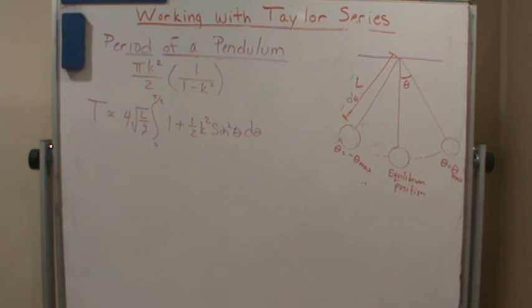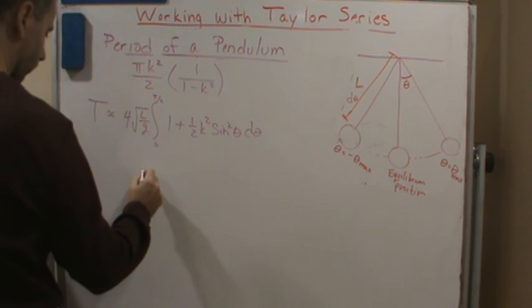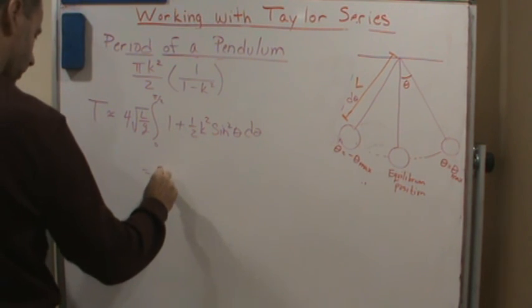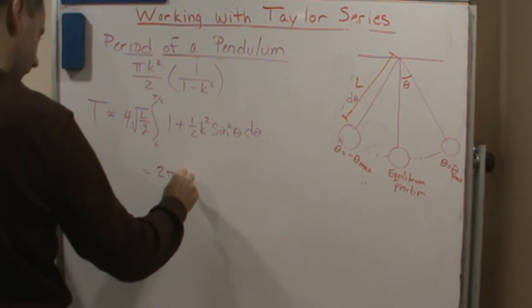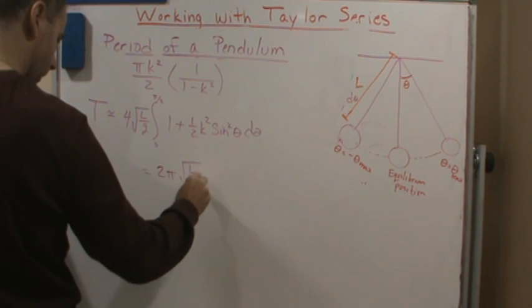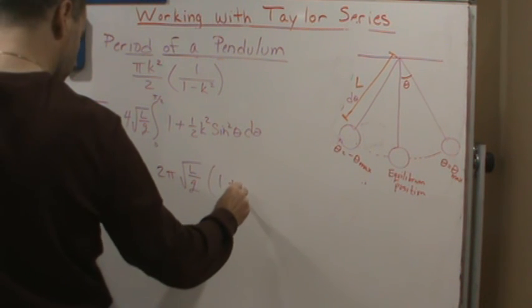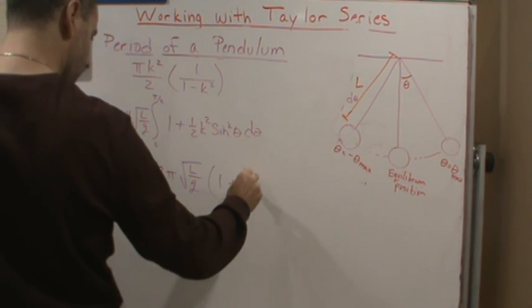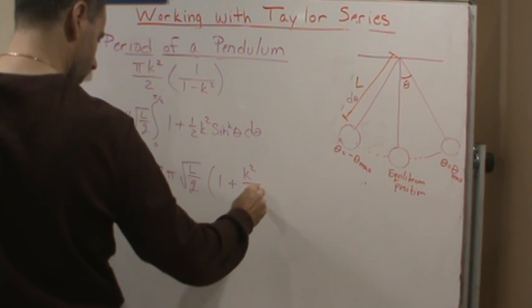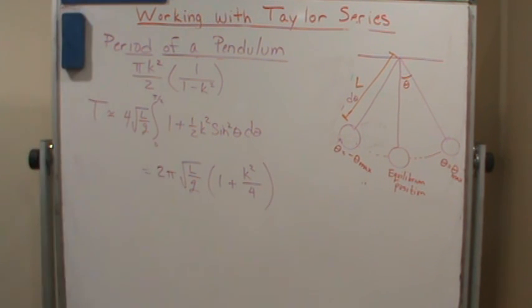And if we integrate that, we end up with 2 pi times the square root of L over G times 1 plus k squared over 4.